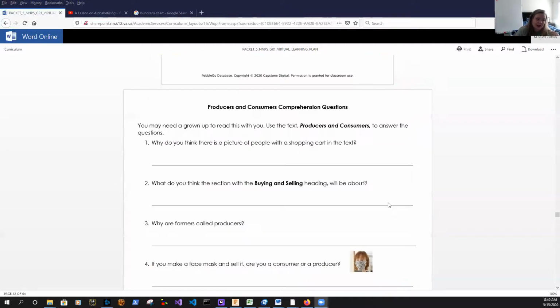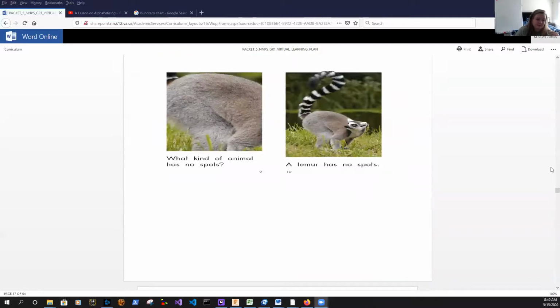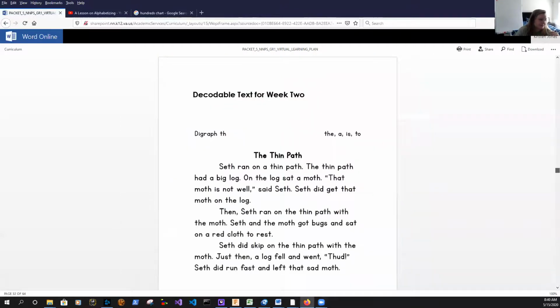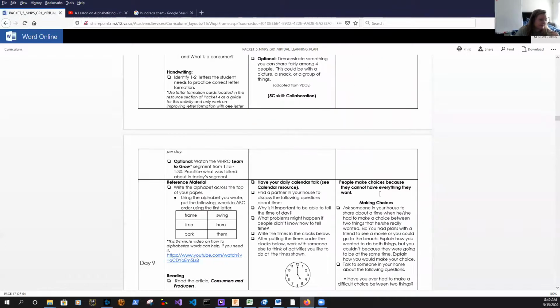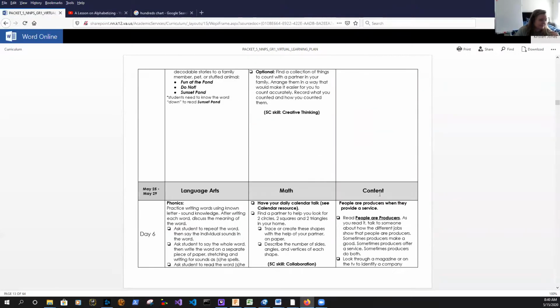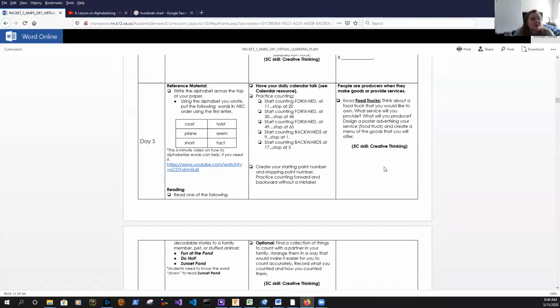So now let's go back. So after we've read food trucks, it says, think about a food truck that you would like to own. So remember that in the book, it gave lots of examples. Food trucks can have all different kinds of food. Think about the food that you would want to sell on your food truck.